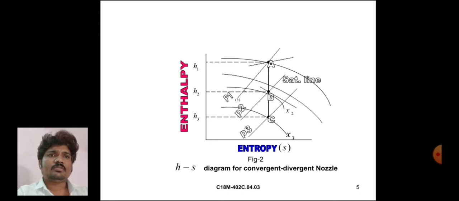P1, P2, P3 are the pressures: initial pressure, final pressures, with points A, B, C and saturation lines. These indicate the saturation curves. HS diagram for convergent divergent nozzles, as shown in this figure.